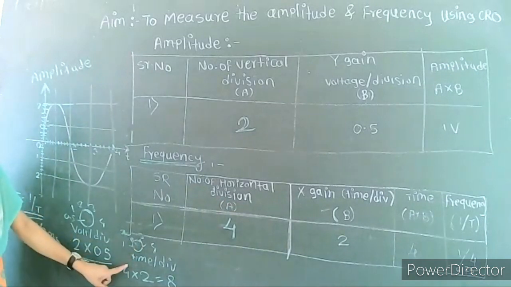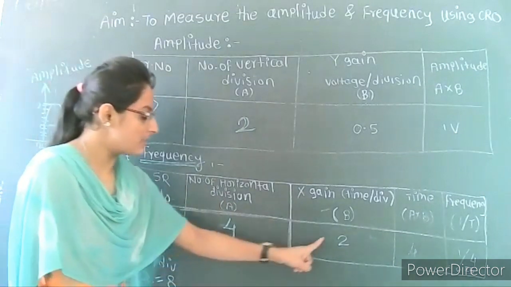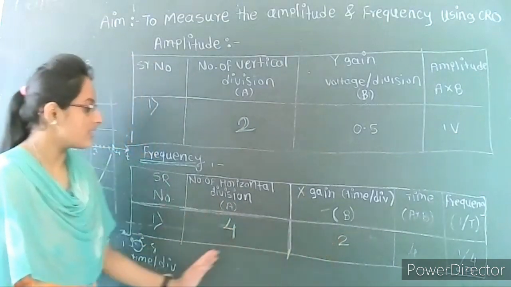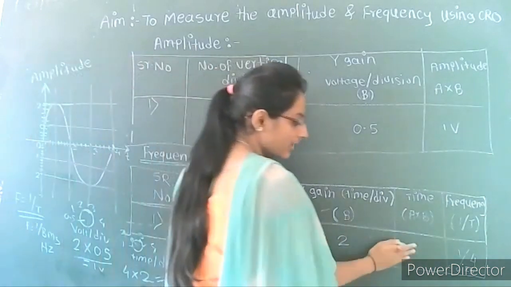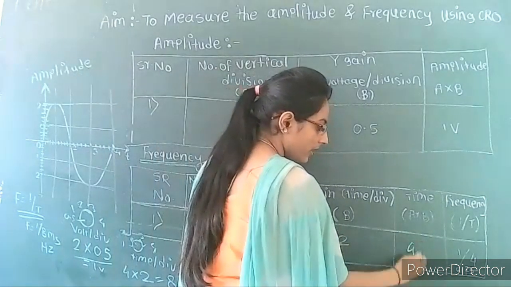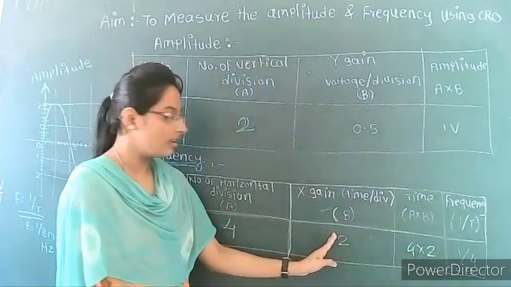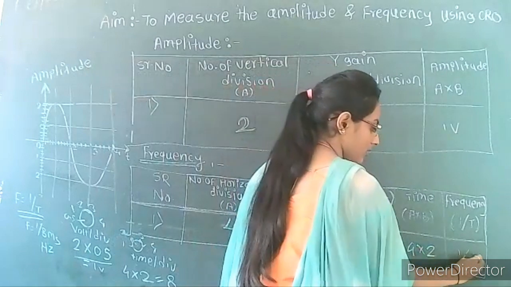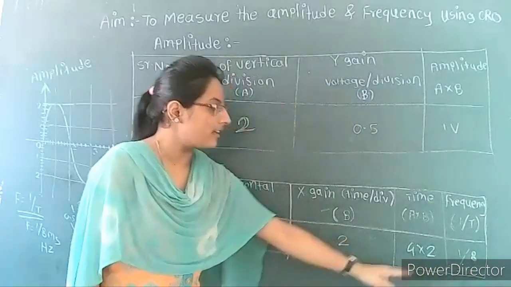Currently your time per division mode is set on 2. Just simply multiply these 4 blocks into this time per division mode, that is 4 into 2. So 4 into 2 is 8.